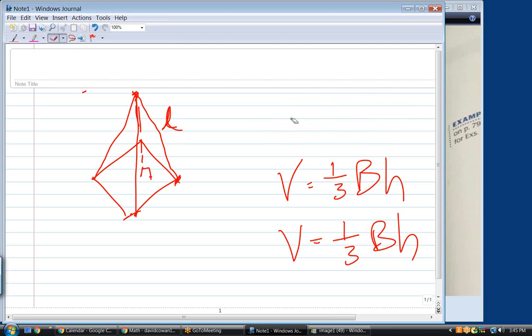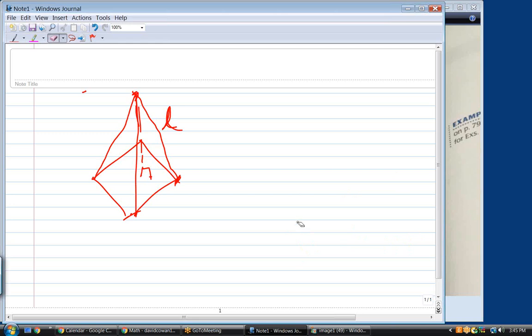And the other thing let's talk about is surface area, because that's the other thing this chapter is all about. When you're figuring out surface areas of these solids, you basically just have to count up every one.